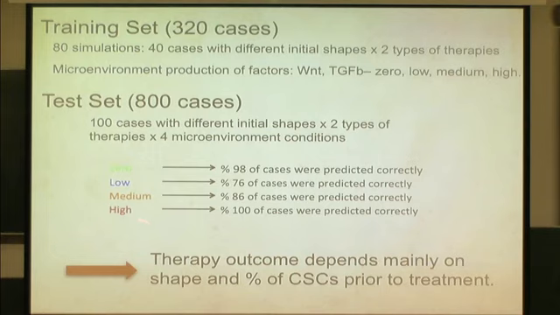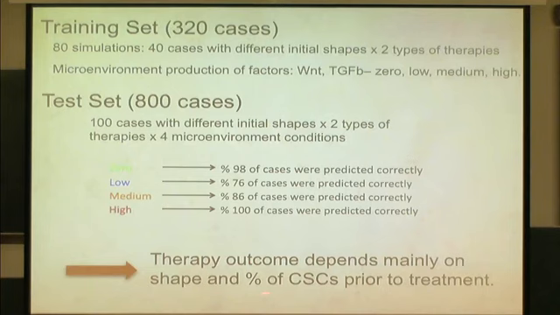But when you get to the high case, you predict correctly. Ultimately, the outcome depends mainly on the shape, not so much on the environmental factors, and not so much on the different cell types, but somewhat on the percent of stem cells.